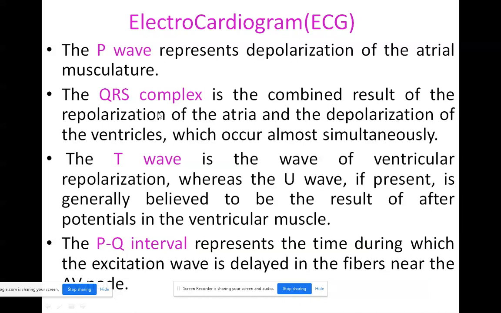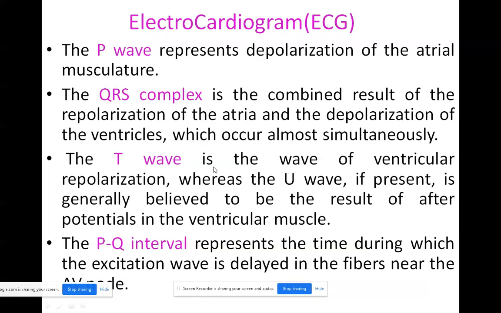Repolarization is nothing but returning again to the polarized form. When it comes from depolarization back to the polarized form, that will be called repolarization. So repolarization of the atria and, at the same time, depolarization of the ventricle. Both will occur simultaneously, so that result is given as the QRS complex.